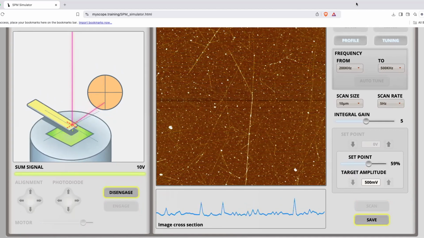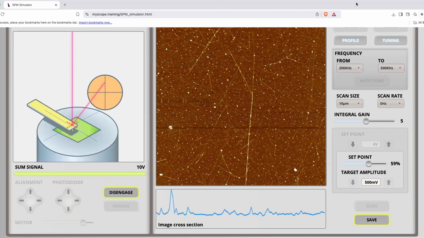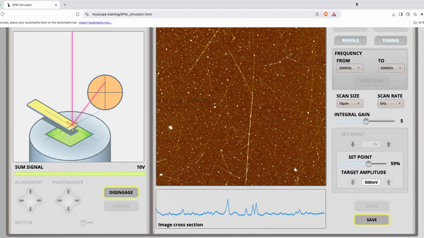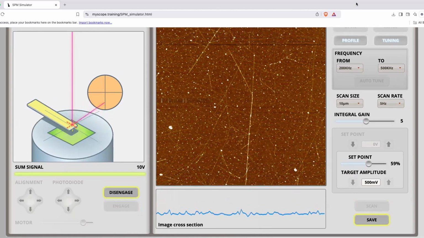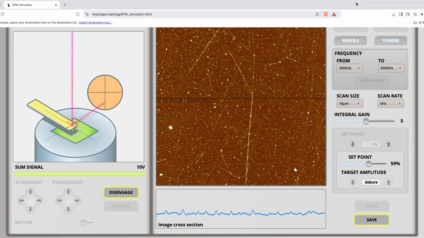You can change now, if you want, the scan size, the frequency, the area that you want to scan, and accordingly you can get a high resolution structure. So you see some objects in this microsite.